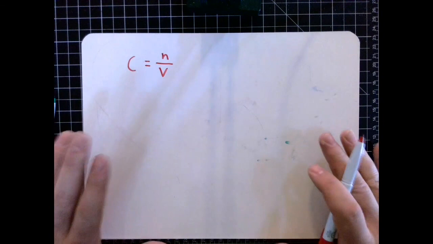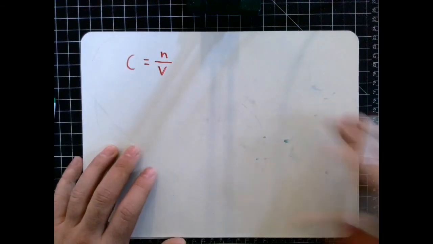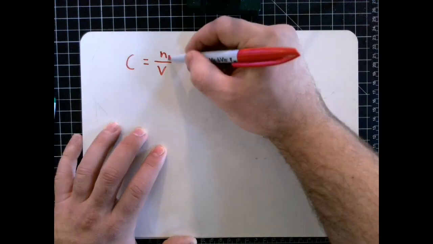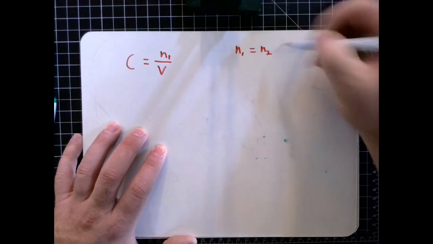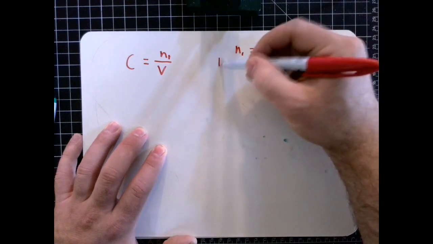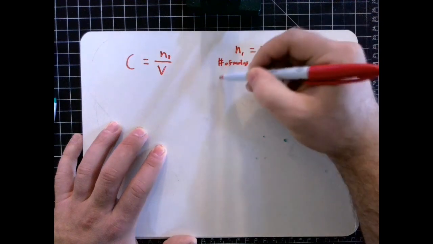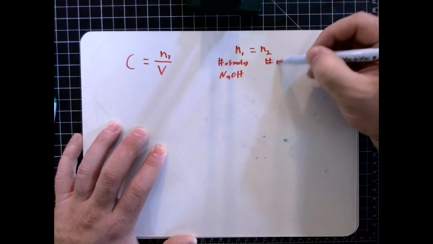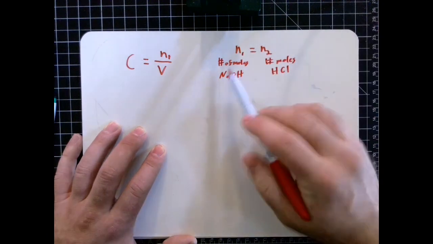We did some calculations with that before. These are just the representative variables. If my number of moles are the same, N1 and N2, so N1 is equal to N2, the number of moles of NaOH is equal to the number of moles of HCl.